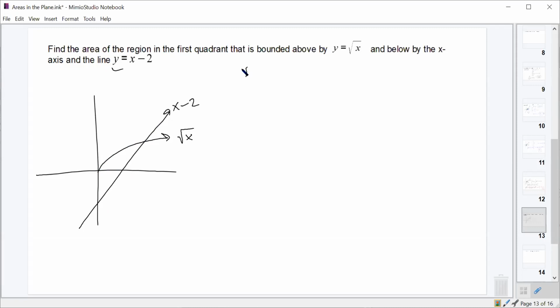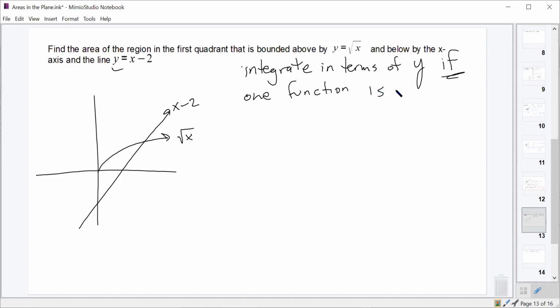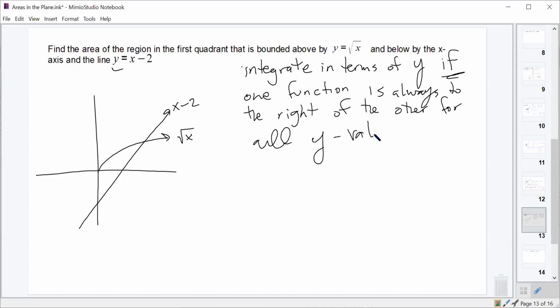So we can integrate in terms of y if one function is always to the right of the other for all y values in the region.